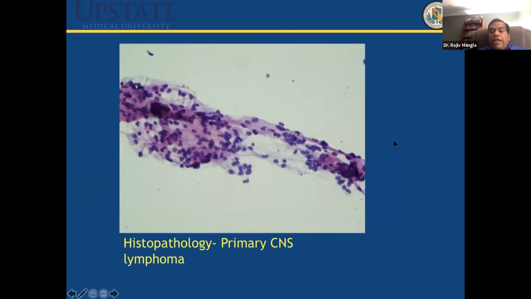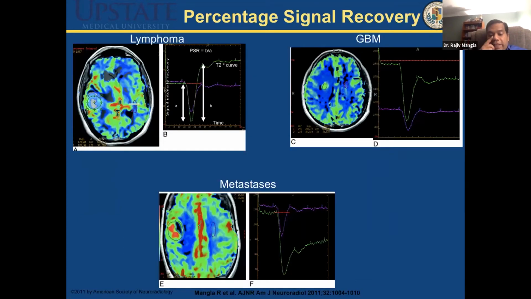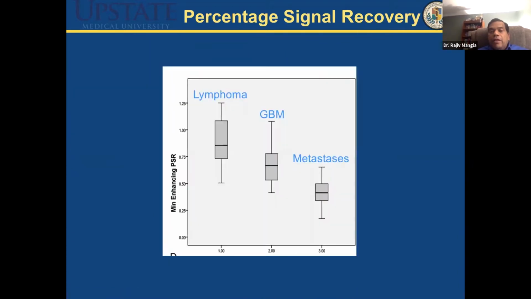So then we had a good idea that we could differentiate, and we published it in AJNR, that if there is a high recovery, it is a lymphoma. If there is a GBM, there is a medium size recovery. If there is a metastasis, there is a very low recovery. So that way we could differentiate between lymphoma, GBM, and metastasis.